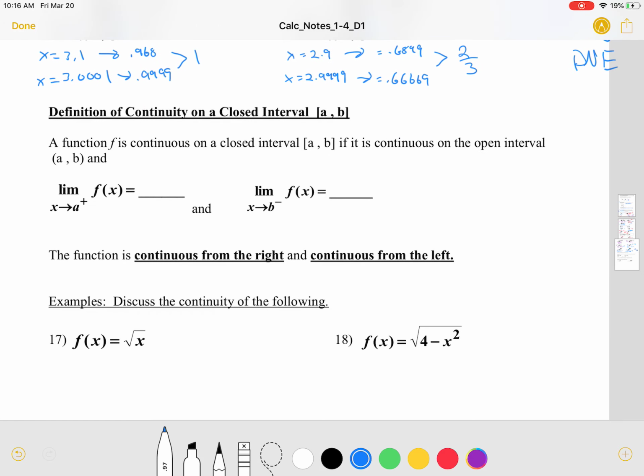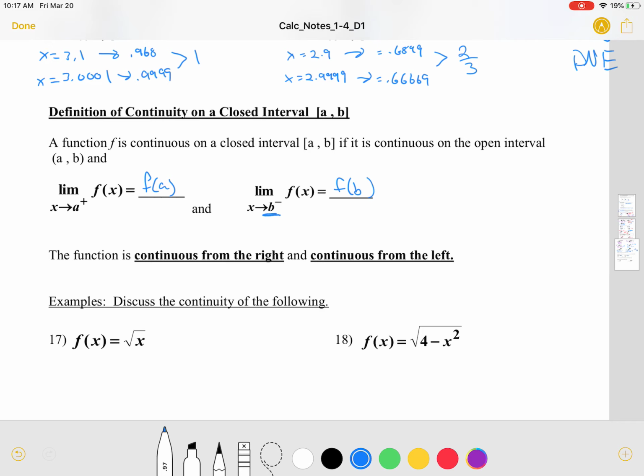The definition of continuity on a closed interval [a, b]: a function f is continuous on a closed interval [a, b] if it is continuous on the open interval (a, b), and if the limit of f(x) as x approaches a from the positive side equals f(a), and the limit of f(x) as x approaches b from the negative side equals f(b).